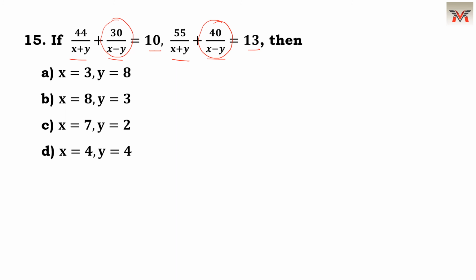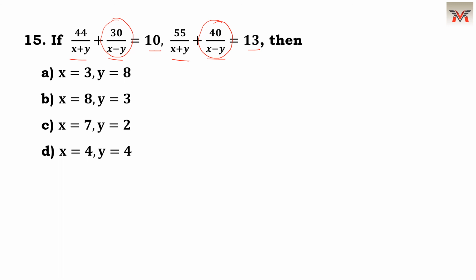Because the second value is 30, which is less than the first numerator, and here the second value is 40, which is also less than the first numerator. So if we get the second value greater and negative, the answer becomes negative. We have positives on the right hand side in both equations, so we just have to look at the option where the x value is greater and the y value smaller.